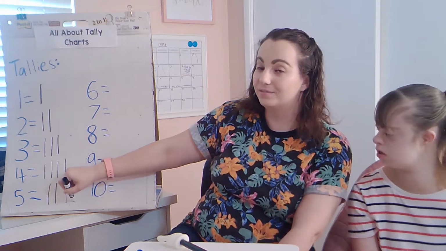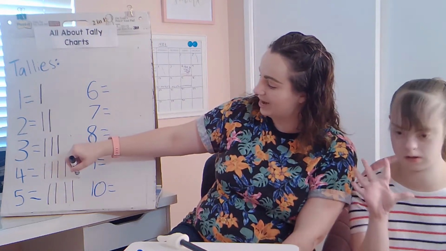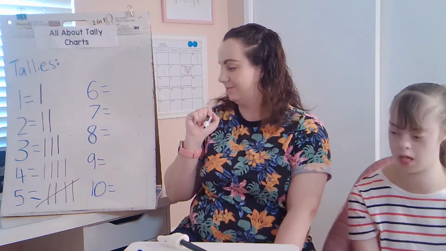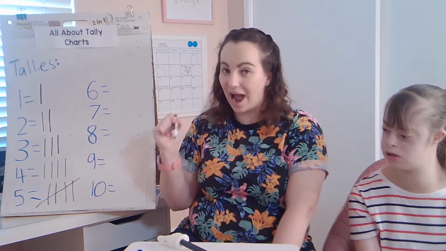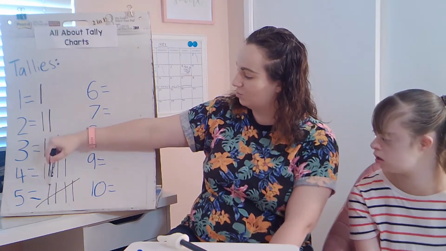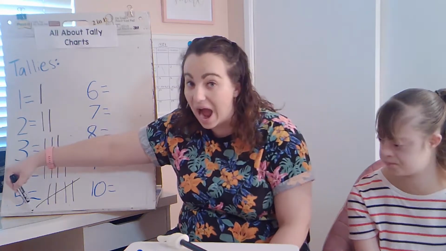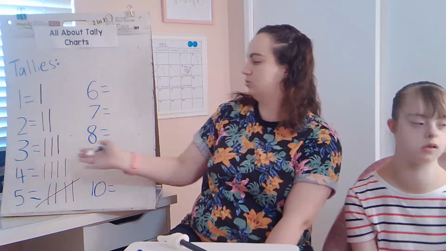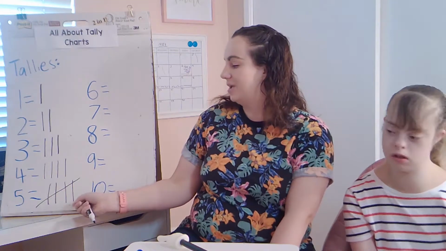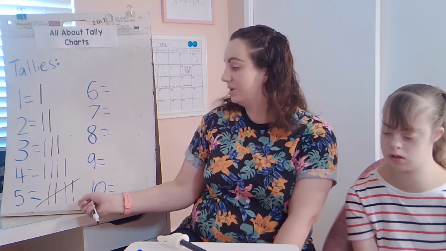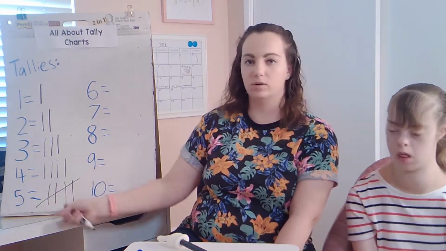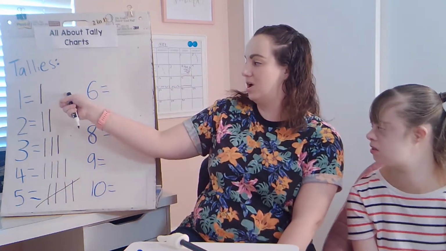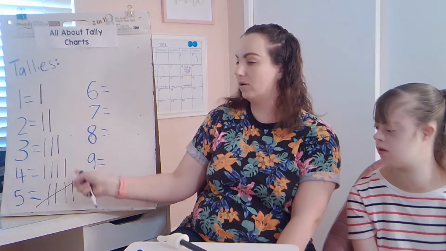Now to do 5, you take your tally and go across the 4 you just made. Oh, that's why 5 looks a little special, because it's 1, 2, 3, 4, 5. It'd be really hard to keep track of numbers and tallies if all we do is just keep drawing lines. We make tallies in groups of 5 when we can. So whenever we see this, we know, oh, there's 5.